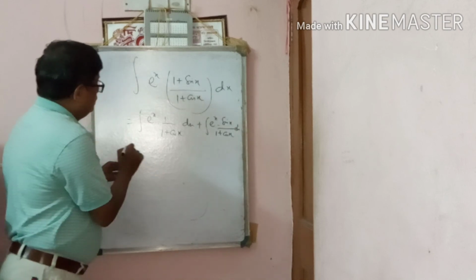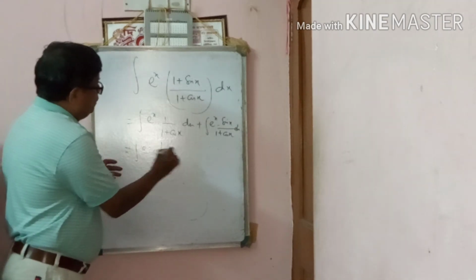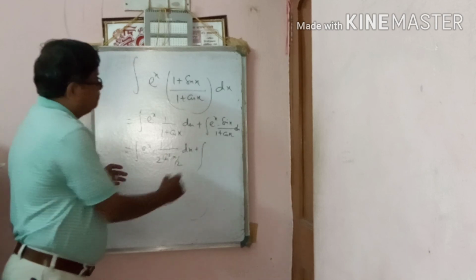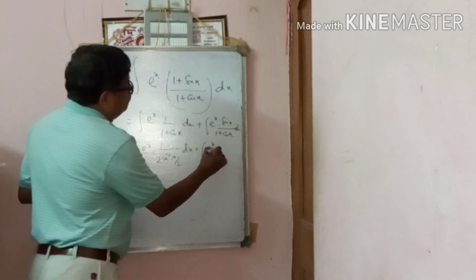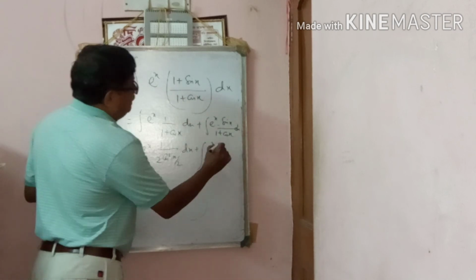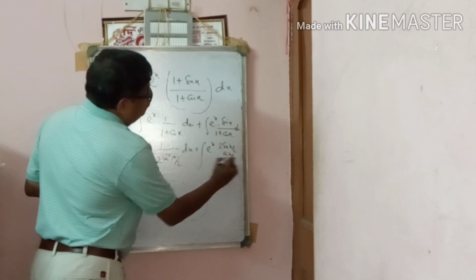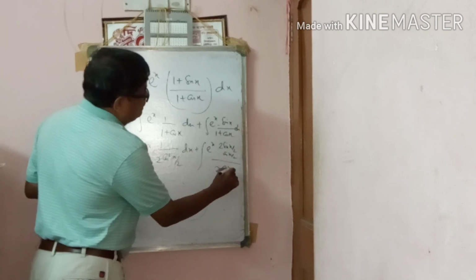So for this part you can write 2 cos square x by 2, plus e to the power x, and sin x you can write 2 sin x by 2 into cos x by 2, by 2 cos square x by 2, dx.